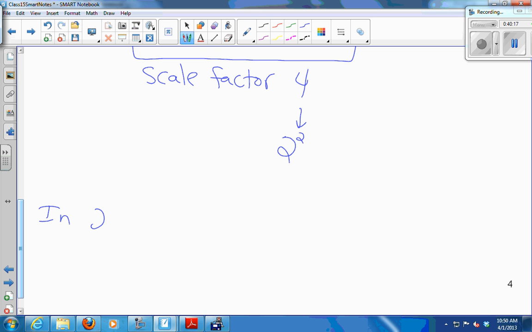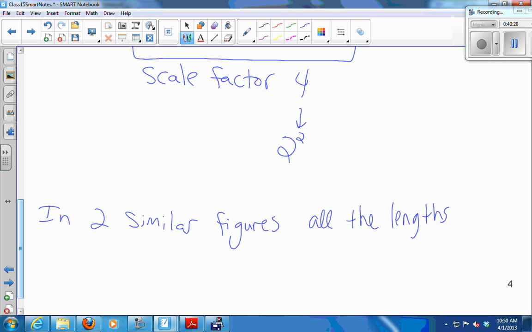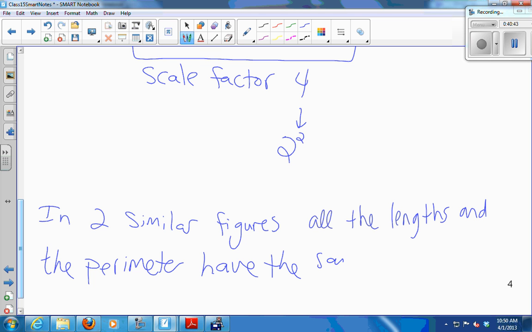So in two similar figures, all the lengths and the perimeter, because the perimeter is just a length also, right? It's just a distance. All the lengths and the perimeter have the same scale factor.